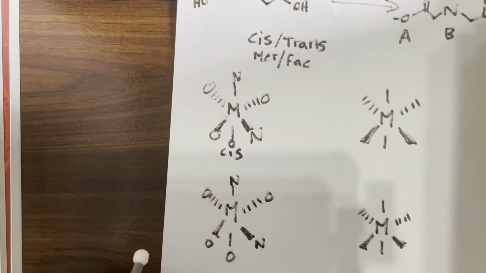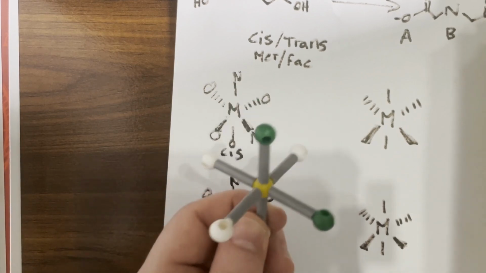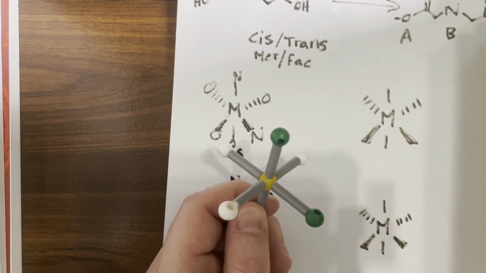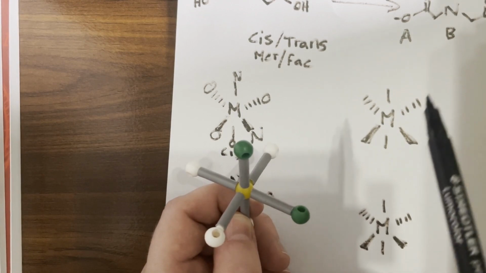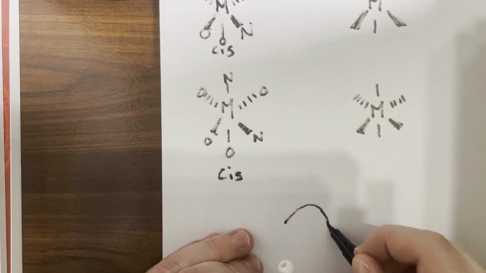So what does it mean when I say the ligand needs to be meridional or facial? The ligand needs to be connected in a meridional or facial fashion. Meridional means that the ligand is spread over 180 degrees, so you see a bow like that.